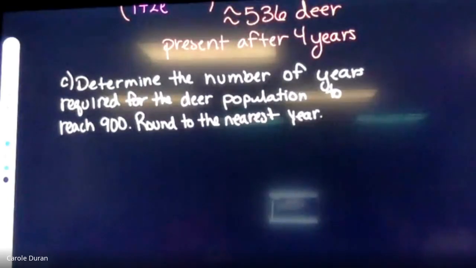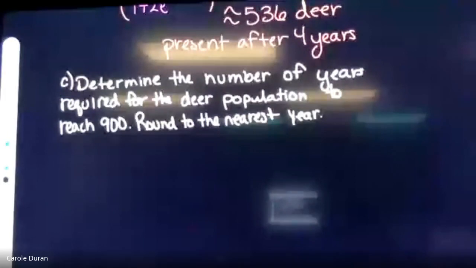So before, if we wanted the population at a specific year, we just plugged that year in, correct? What do we do if we're trying to figure out the number of years, but we know the population? Am I plugging that population in, or am I setting it equal to that population?